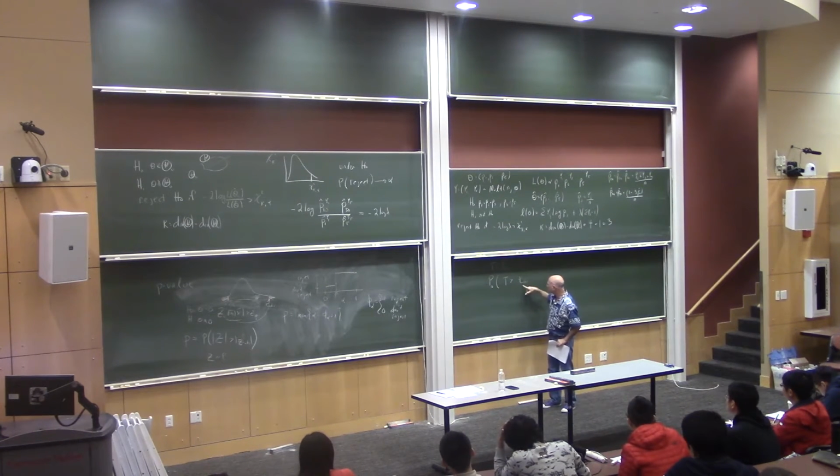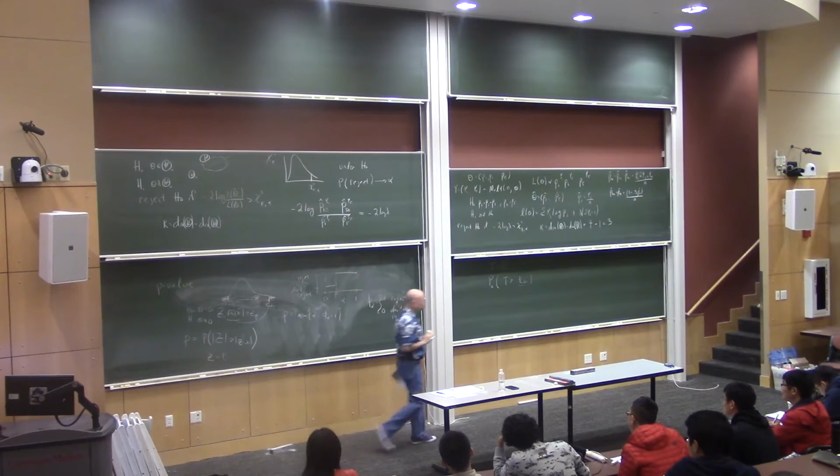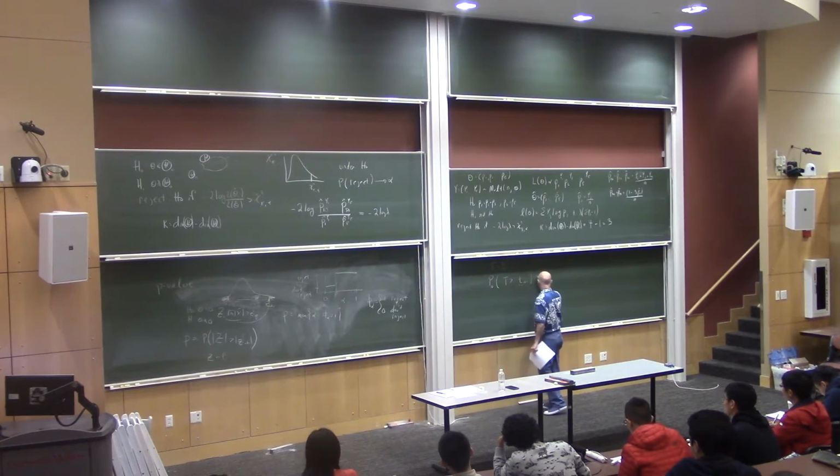So this is what you actually computed from the data. This is a new draw from the null. And this is just a numerical fact, that if I compute this probability, it's the same as doing this diagram and finding the smallest level at which you would reject, so this is the p-value.